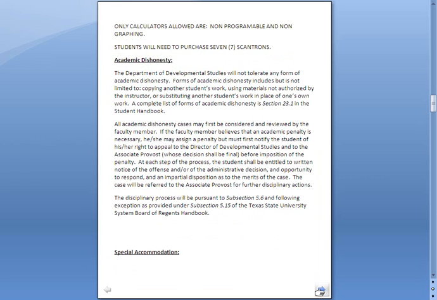And you will need approximately 7 scantrons because our first test and our final exam are multiple choice tests. Academic dishonesty, the bottom line is if you're caught cheating in this class, and there are ways of knowing, then you're going to face the issues with regard to academic dishonesty.